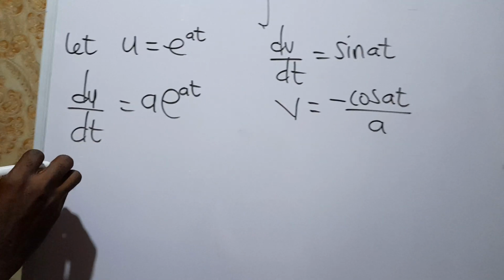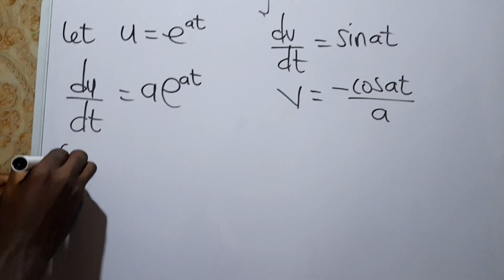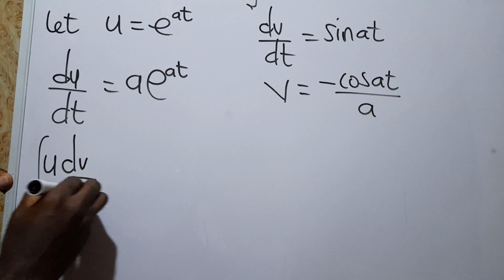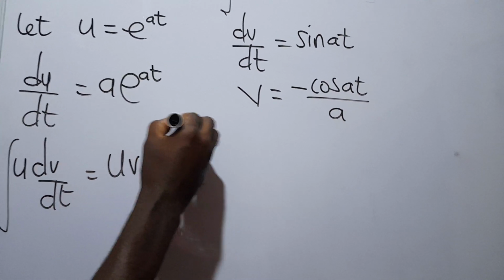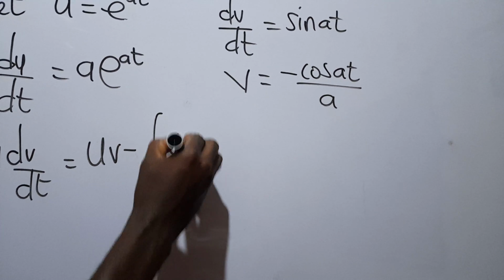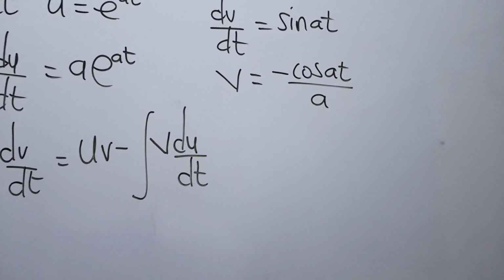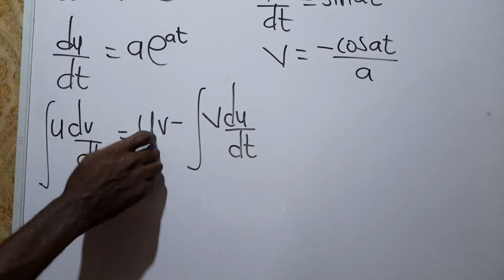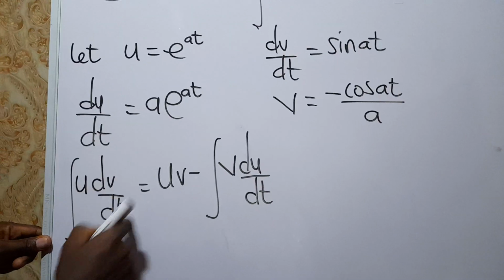Then we can say that by integration by parts, the integral of u dv/dt is equal to uv minus the integral of v du/dt. Now, what's our u? Our u is e^(at). dv/dt is sin(at).